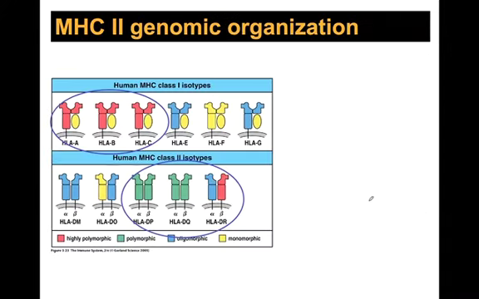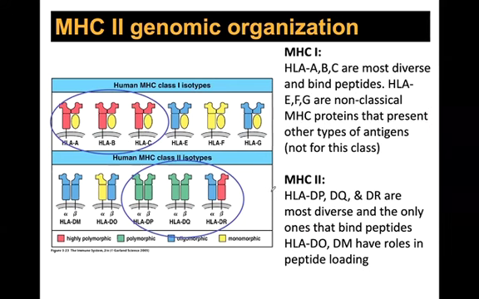Okay, so when we talk about MHC class II, just like for MHC class I, you have 3 MHC class I and you have 3 MHC class II alleles. But because you have two sets of those, or 2 chromosomes, then you have actually 6 copies of those.